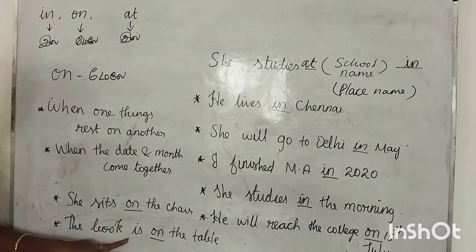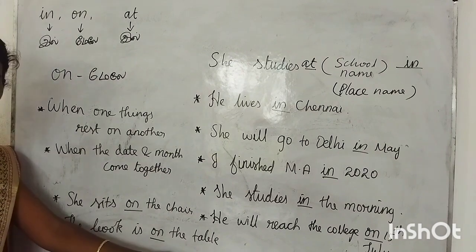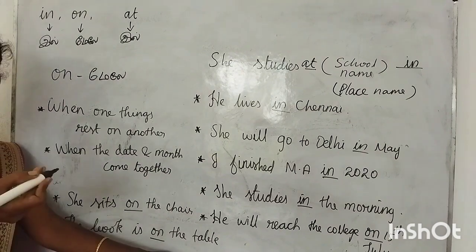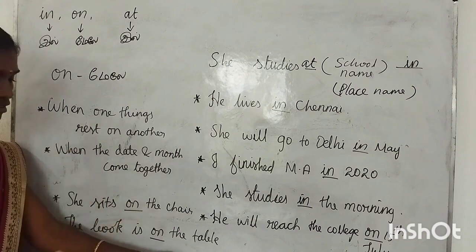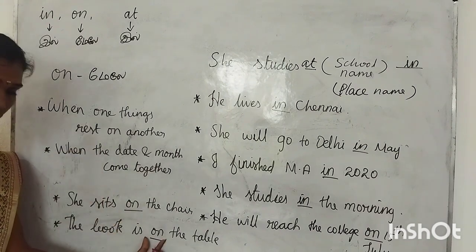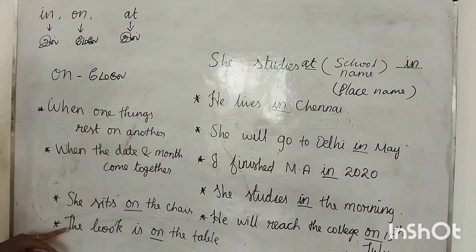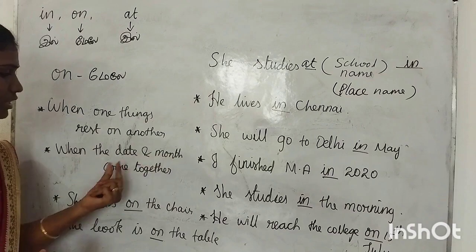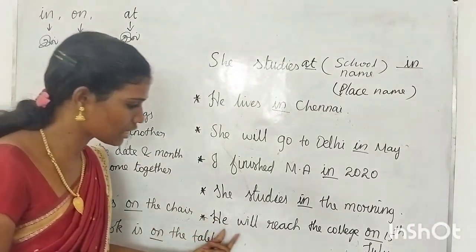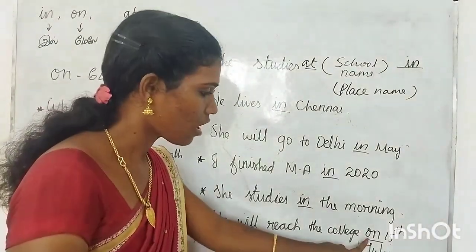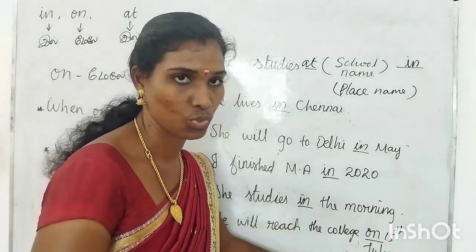The book is on the table. When one thing rests on another, we use the preposition on. The book is on the table. When the date and month come together: he will reach the college on 15th July.